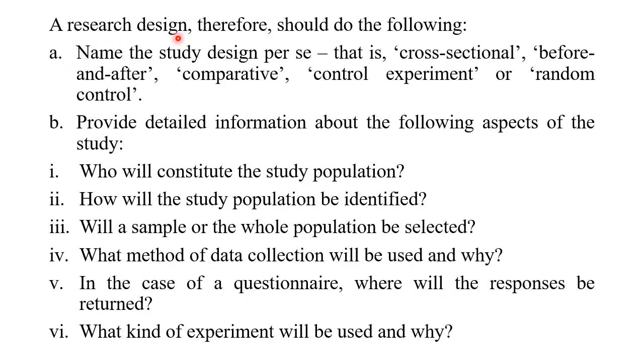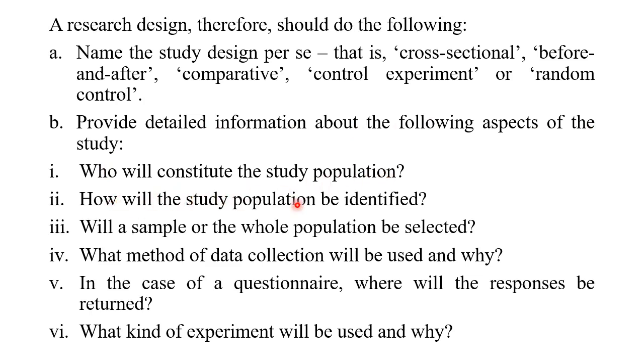A research design, therefore, should do the following. Name the study design per se, that is, is it cross-sectional, before and after, comparative, control experiment, or random control. Provide detailed information about the following aspects of the study. Who will constitute the study population?